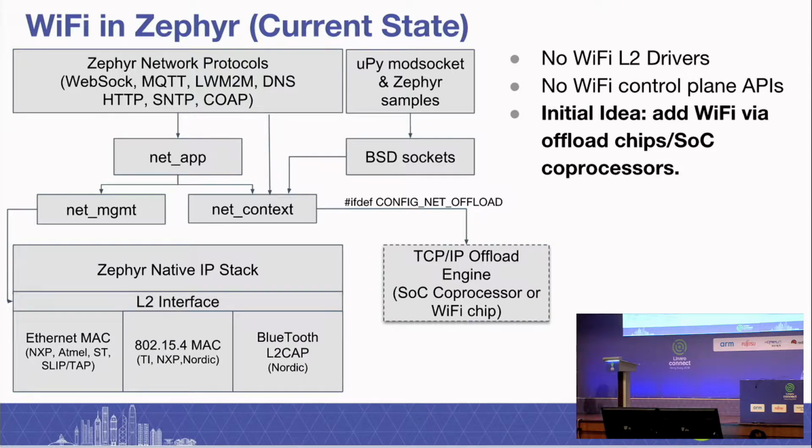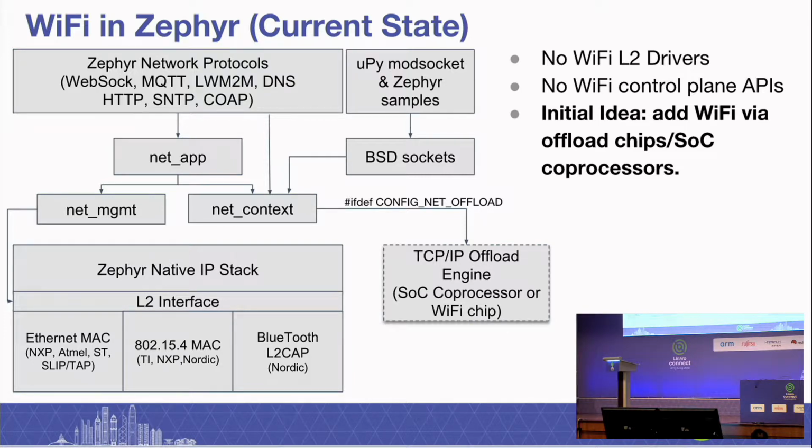Net context is the interface for the data plane, and net management is the interface for the control plane. NetApp is a convenience layer that handles client server setup, TLS, and stuff like that over net context. So all the network protocols currently work over NetApp and net context. Net management is used for things like getting notification of network up, network down, things like that.